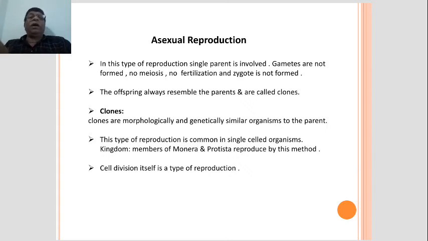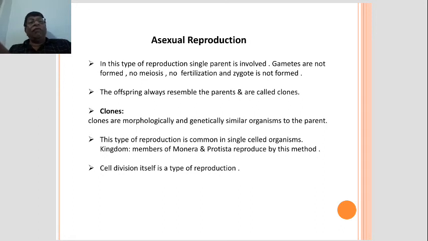For example, Amoeba, Penicillium, algae, fungi. They are lower groups of organisms. How do they reproduce? Asexually. Look here now. It's important for 5 marks. Explain asexual reproduction.